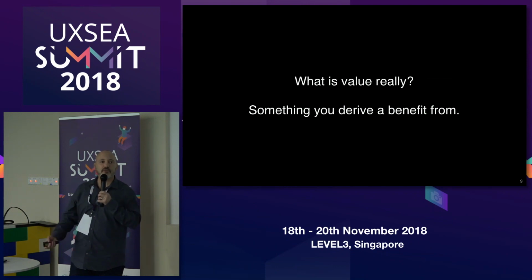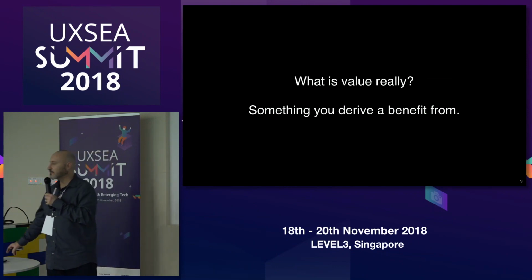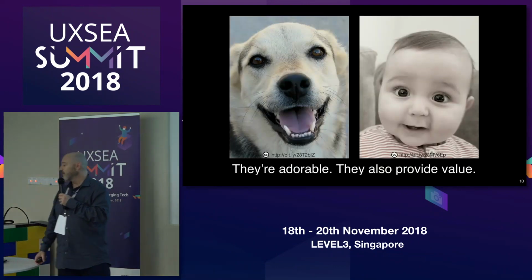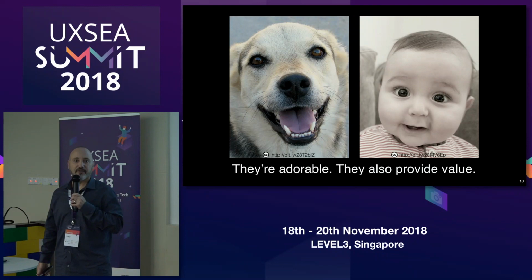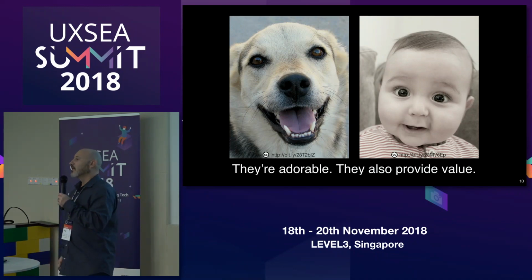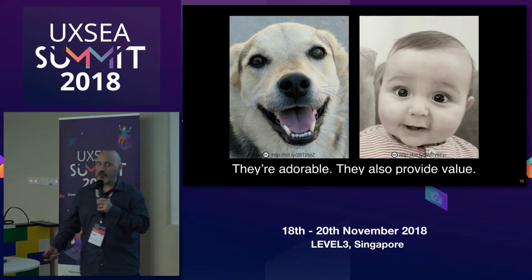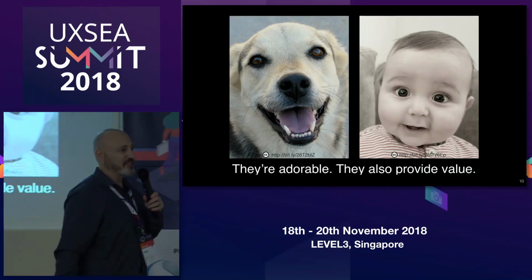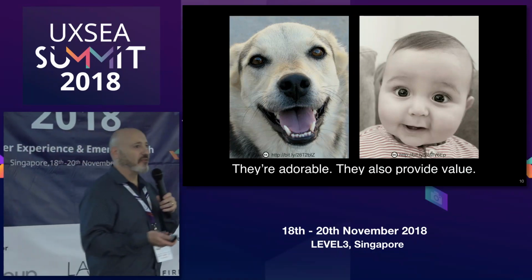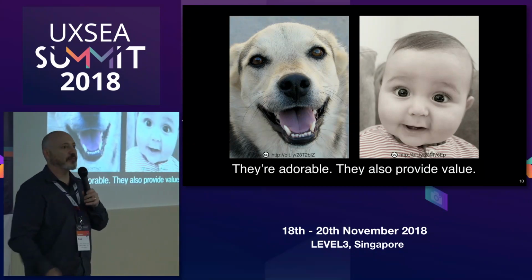Okay, what is value really? Basically, it's something that you derive a benefit from. So yes, they're adorable, but we also derive value from a puppy or a baby. So in the dismal science of economics, how do you think economists think about value of a baby or a puppy?